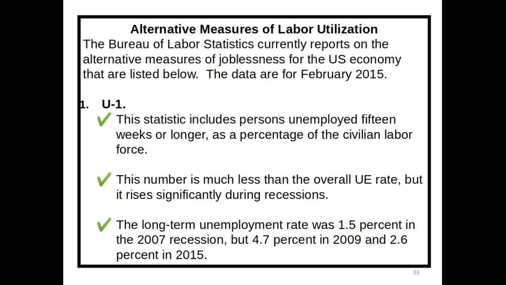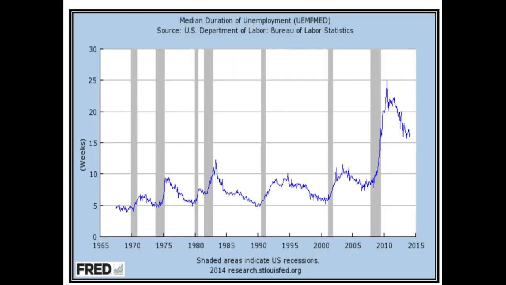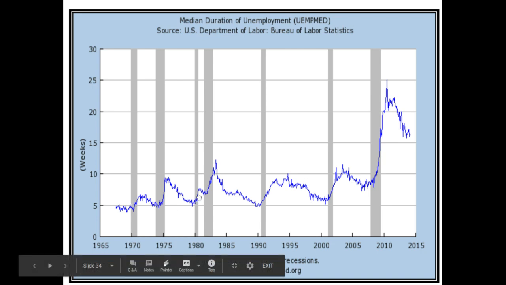The U1, this includes people unemployed for 15 weeks or longer. This number is basically our long-term unemployment. This gives us a good idea of what's going on in the underlying economy. If people are out of work for long periods of time, it is a problem. And you can see, once again, all these recessions, you see this number spike.